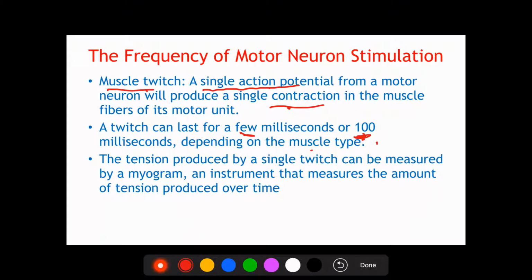But comparing between two muscles, for the eye muscles it's extremely fast. Now, this tension can be measured by something called a myogram, and this machine can measure the amount of tension produced over time.